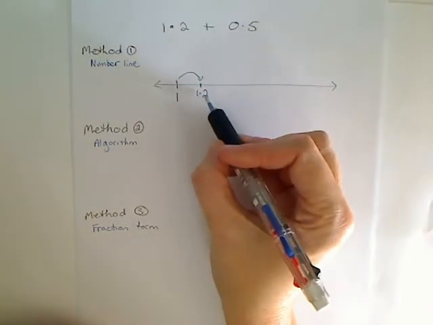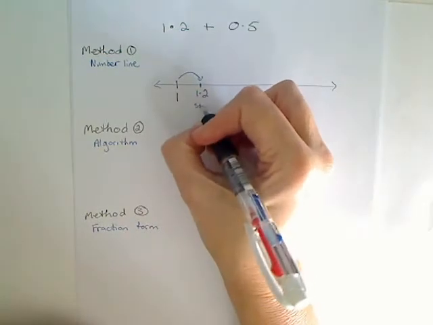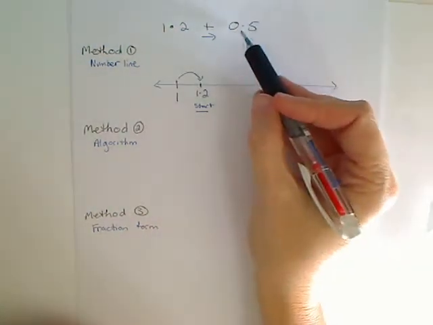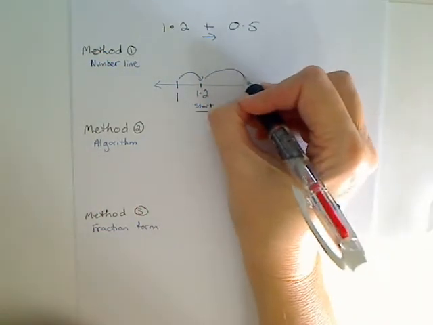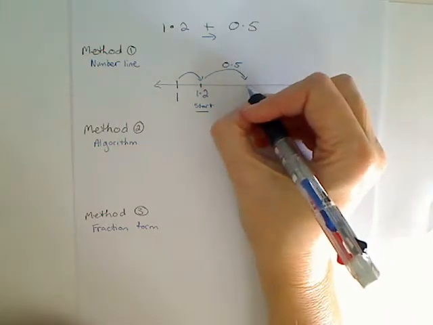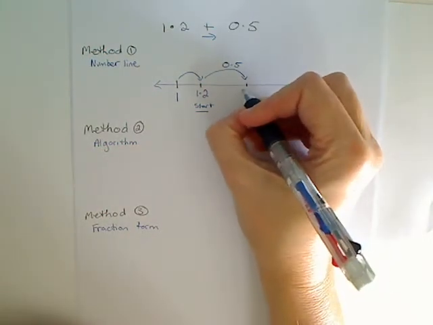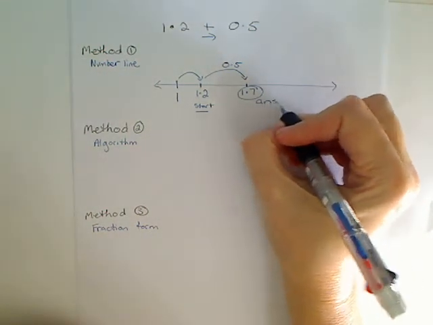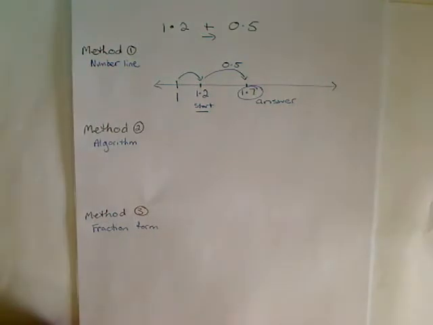So I'm starting with 1.2, here's my start. I'm going to move to the right by 0.5, so I'm going this way by 0.5, which means I will land, and that's my answer, at 1.7. And so that there is the answer, the final place where we land.